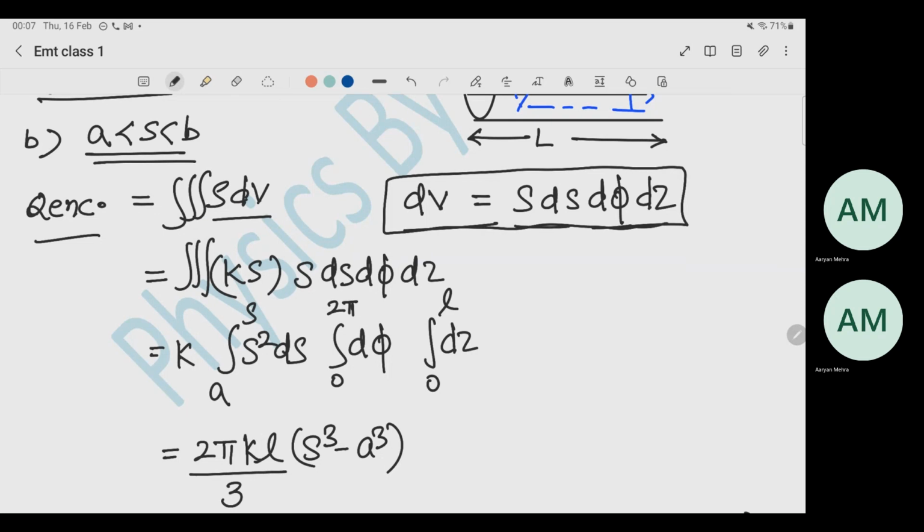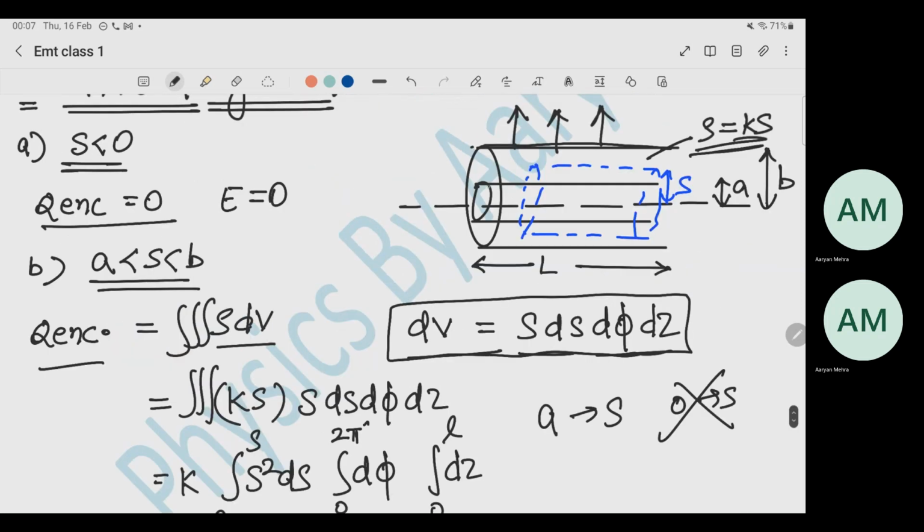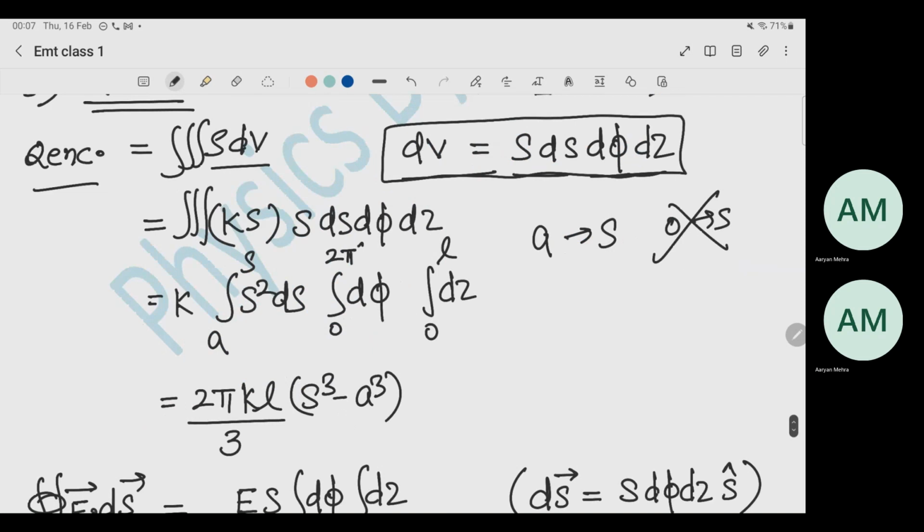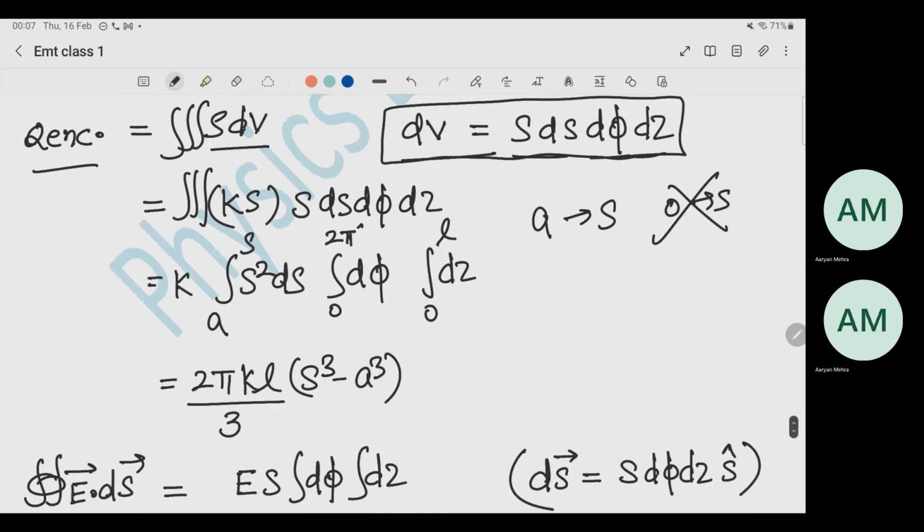You should know these things. So let's just put it in. ρ is Ks, dV is this. Your s is changing from A to s, not from 0 to s, because your charge density is only from A till this surface s. Okay, from A to s. Just put the values, then you get the charge enclosed like this.